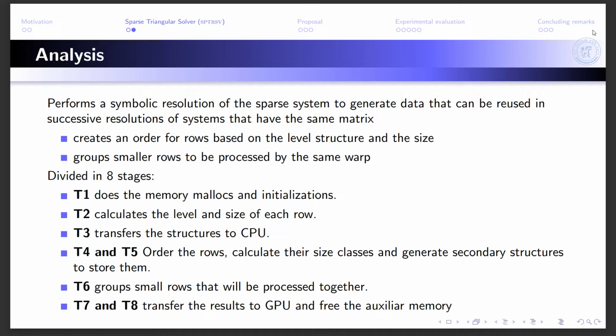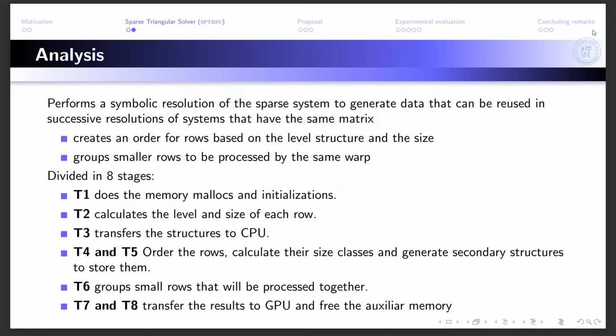That's a bit tricky because we don't calculate the size, but the size class, that is, rows with, for example, 3 elements and 4 elements are one size class, and we don't take into account the element in the diagonal. Another objective is to group smaller rows to be processed by the same warp. That's why we use the idea of size classes, so we can group rows that are similar in a sense.